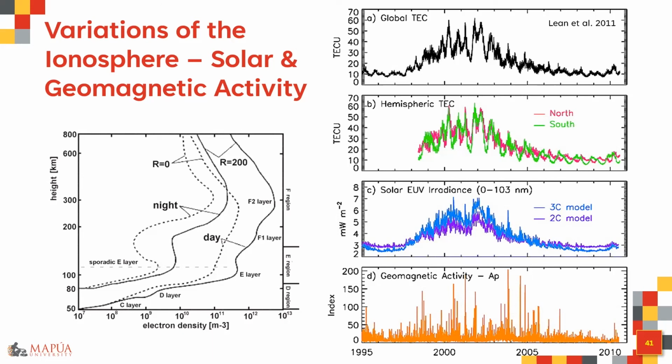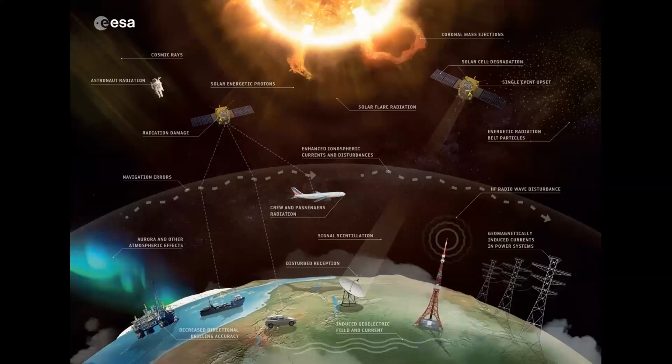And that will be our next topic next week, which is what we call the space weather effects. The space weather effects actually have a very important connection with the ionosphere. Whatever happens in the space environment has direct effects on certain applications. Of course, you have your atmospheric effects like your aurora.